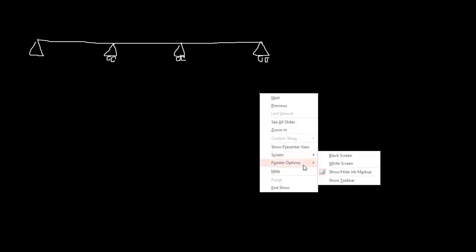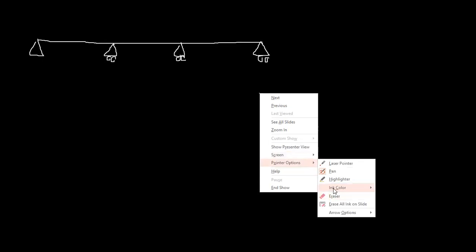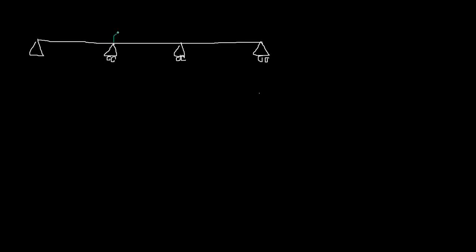So my first coordinate is at B, so I remove the moment, so that means I make it 0 by introducing a hinge. So I need to give a unit moment in the clockwise direction since there's a hinge.